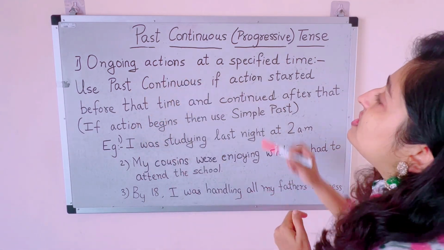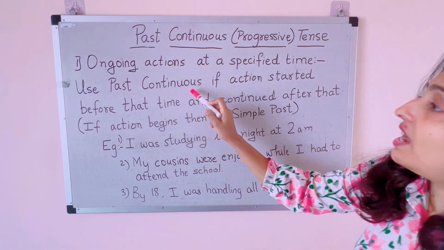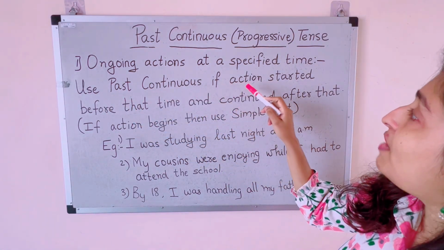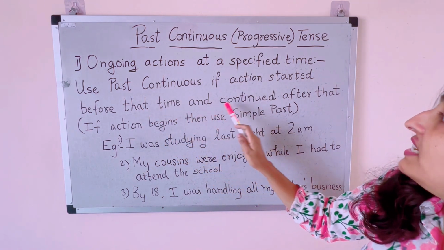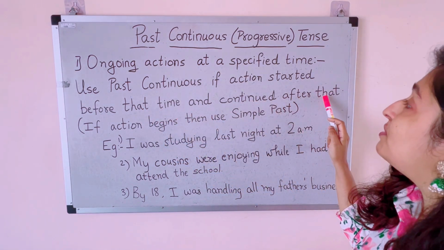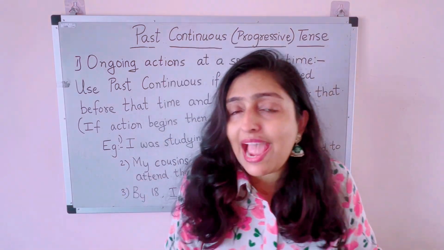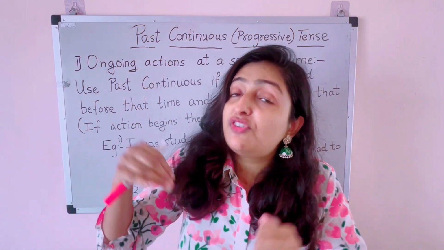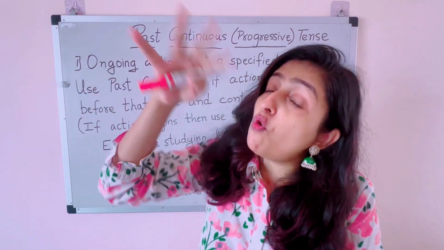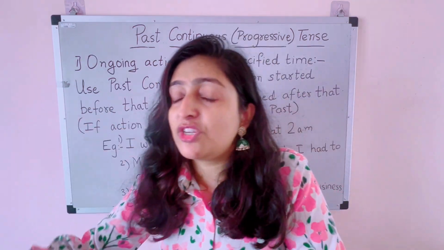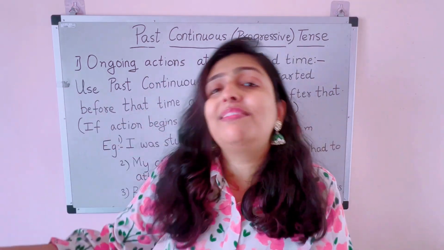Ongoing actions at a specified time. Use past continuous if the action started before that time and continued after that. The definition says that an action would have taken place before that time which is mentioned in the sentence and would have continued after that time.